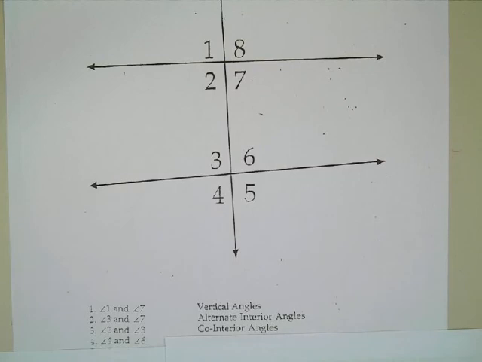Which one? That one? Nope, not quite. It is on the outside, but one's on the outside, one's on the inside. Good, Josh. Exactly right. Actually, not quite there, Dorian. Yes, Addie. Good. So these are what? Vertical. 4 and 6 are vertical angles.